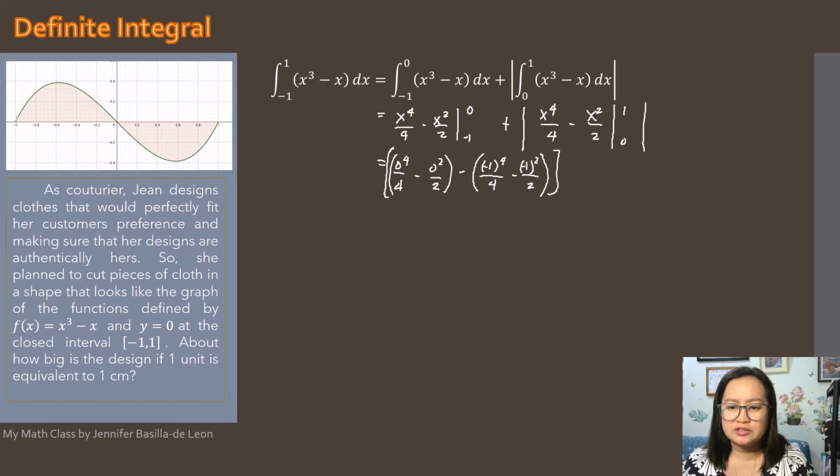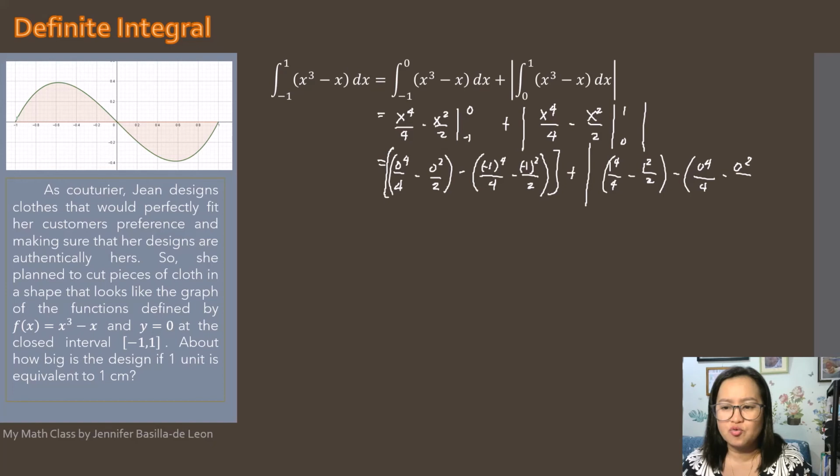And then we have the absolute value of the upper limit, +1 over 4 minus 1 squared over 2, minus 0 over 4 minus 0 squared over 2.